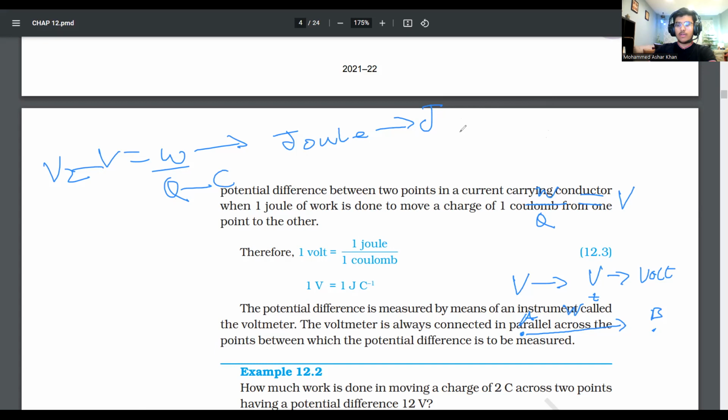So 1 volt is equal to 1 joule per 1 Coulomb. This is, I guess you could say, the mathematical definition of volt. It is 1 joule per 1 Coulomb.